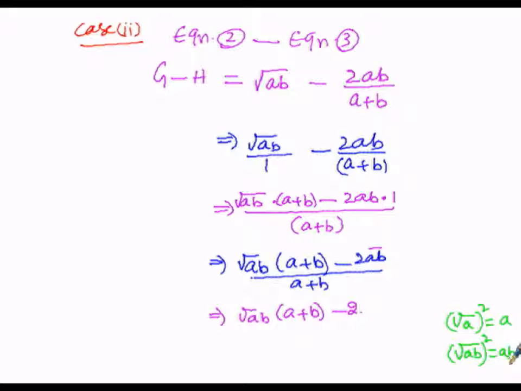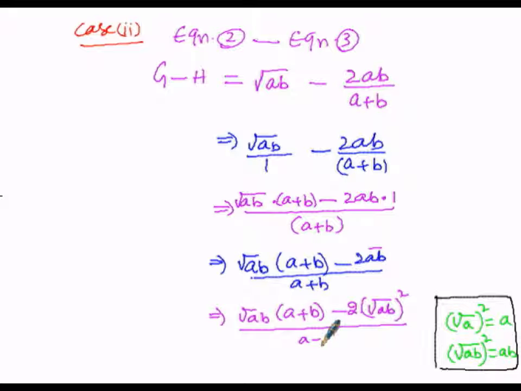In other words, ab can also be written as root of ab whole square. Based upon this principle, we can write this ab as root of ab whole square. We can check, the square and the root get cancelled, only ab is left over, overall divided by just a plus b.